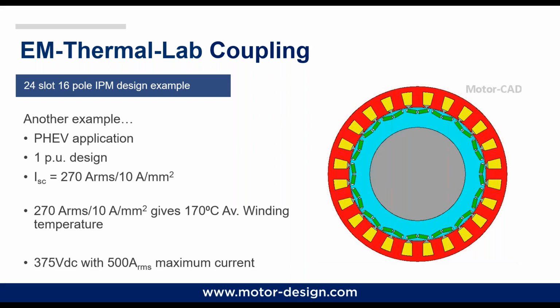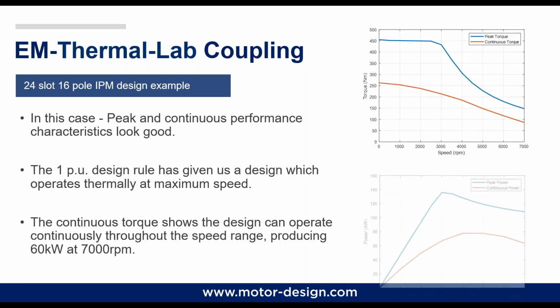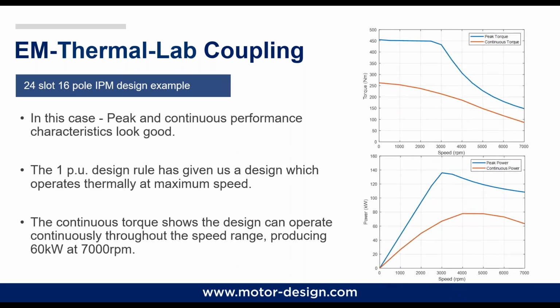degrees. So bringing the lab model in and performing similar analysis as before, we obtain this performance. So again, in blue, we can see the peak torque and the continuous torque, and the peak power and the continuous power here.